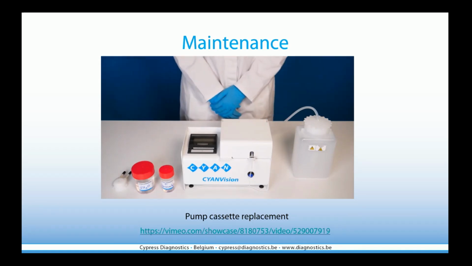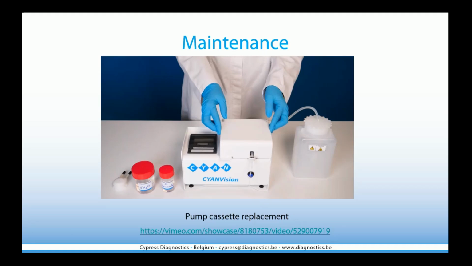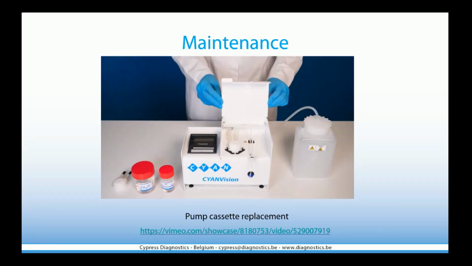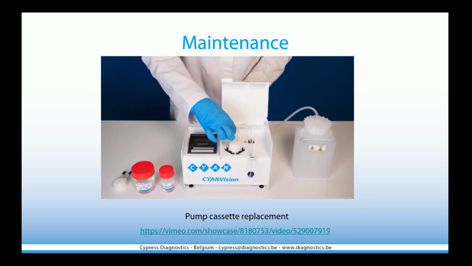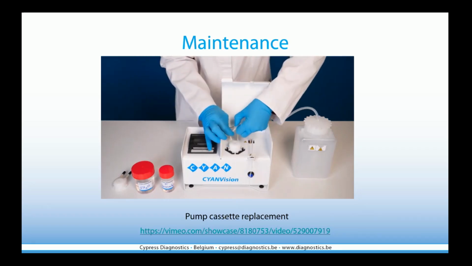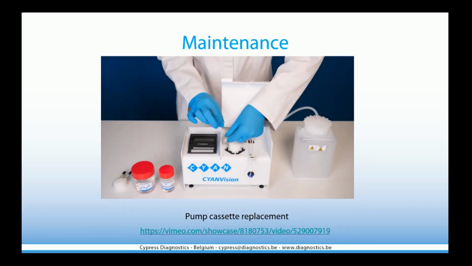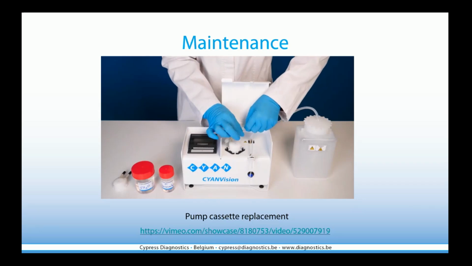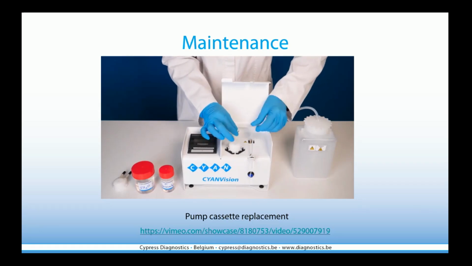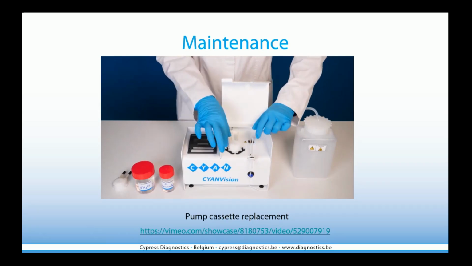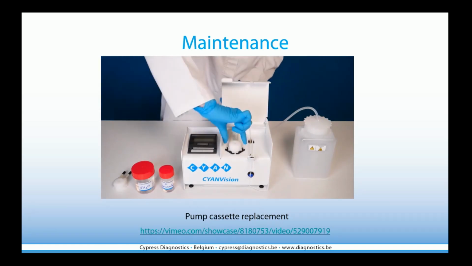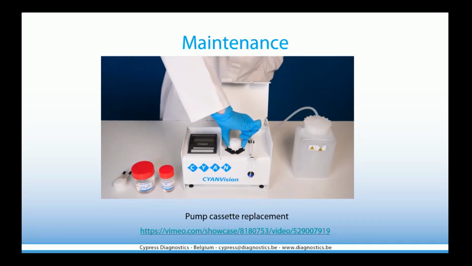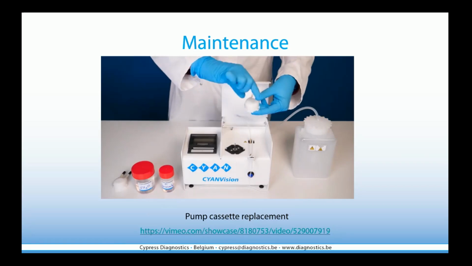To replace the pump cassette, first lift the cover of the CYANVision. Disconnect the pump tubes from the 2 connectors. One is attached to the waste tube and the other to the flow cell tube. Press the 2 clips on the side of the pump cassette to remove it from the rotor.